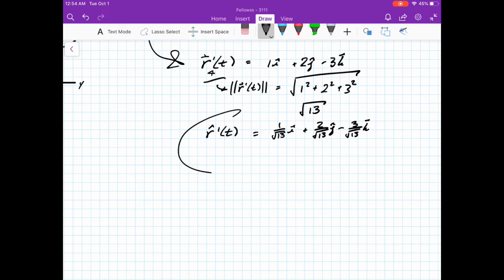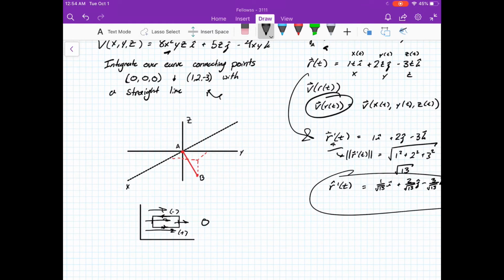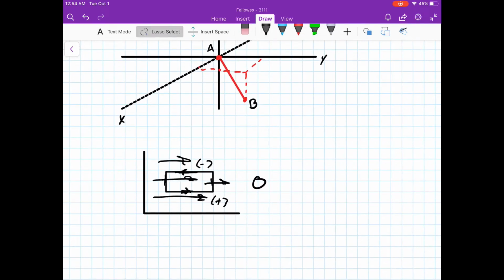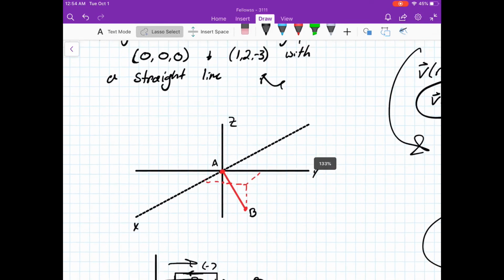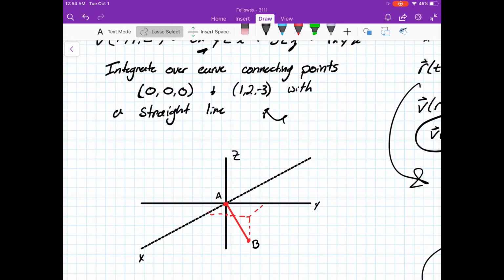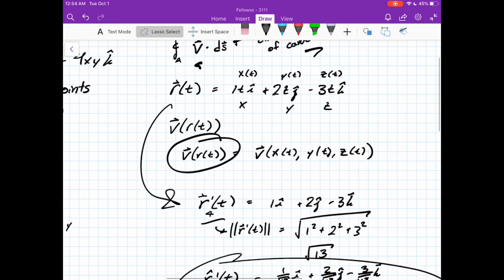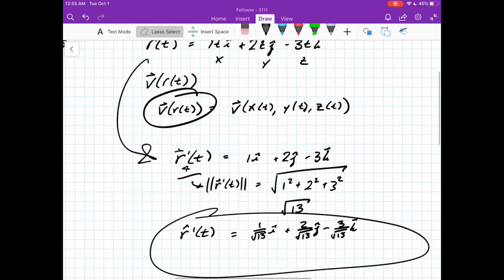So now we have our direction. This is how we define, okay, is our velocity field moving in the direction of the curve, right? Oh, my colors got messed up. That's very sad. So we'll continue along.